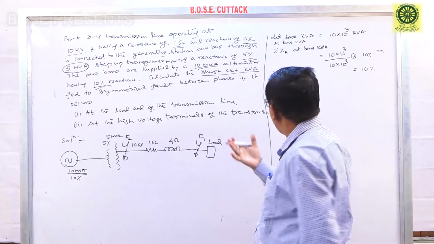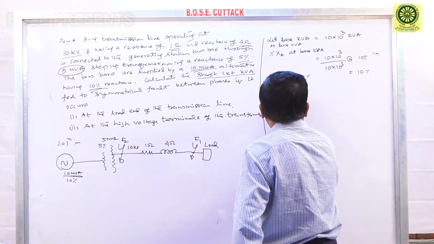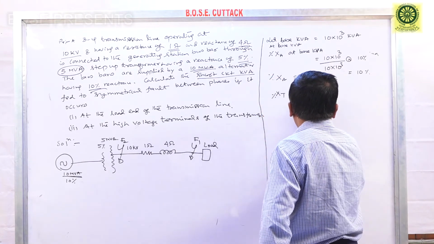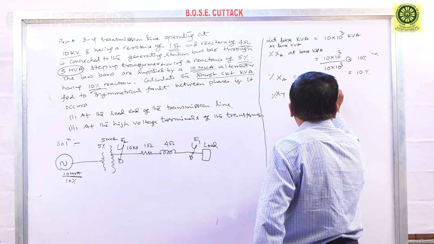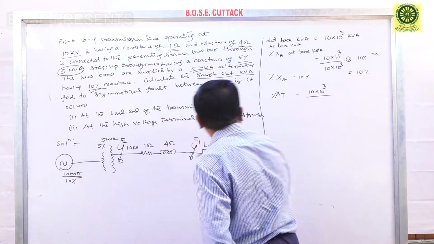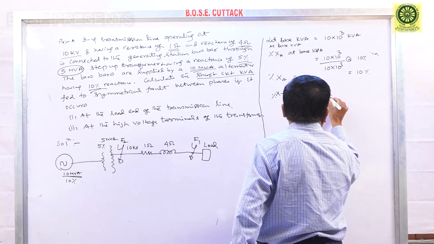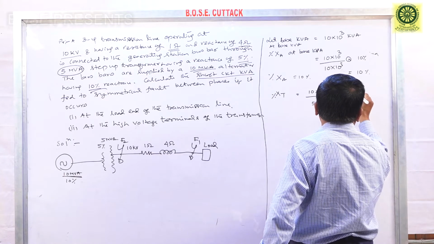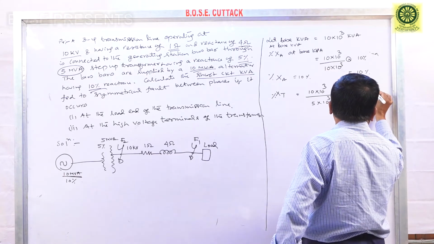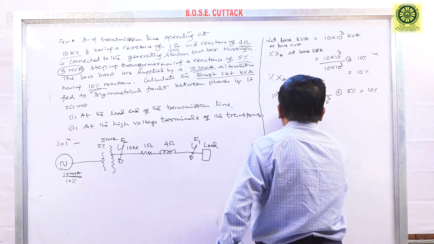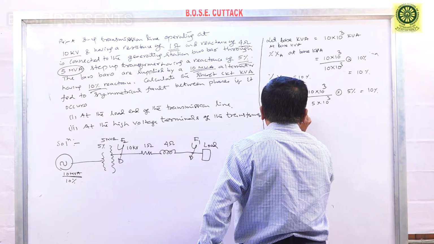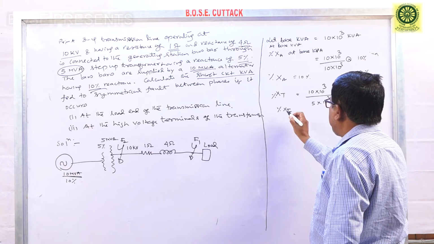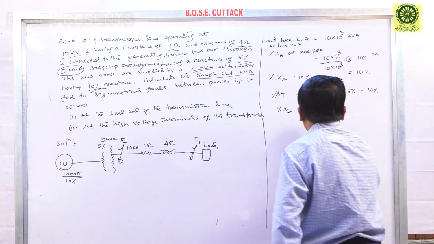So what will I do? Percentage reactance of the transformer, XT, T for transformer, is base kVA 10 into 10 to the power 3, divided by rated kVA 5 MVA, or 5 into 10 to the power 3, into 5%. So XT, the reactance of the transformer at base kVA, is 10%.